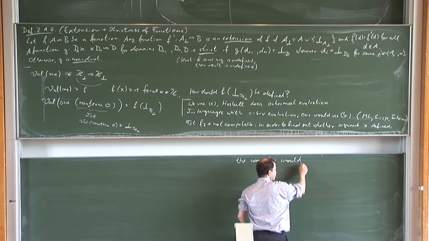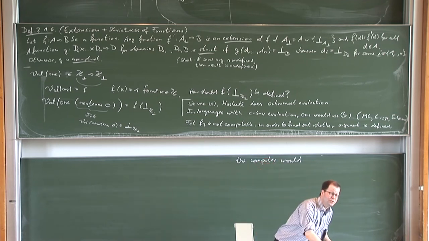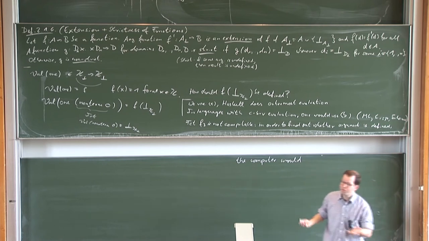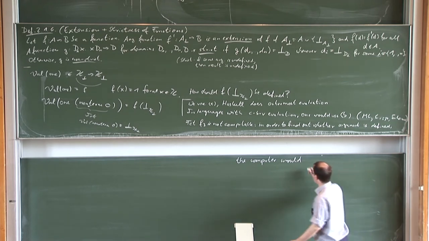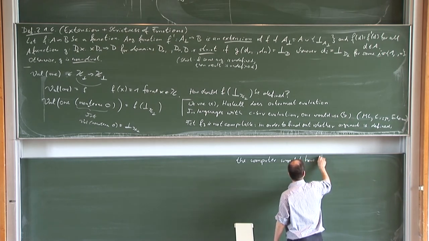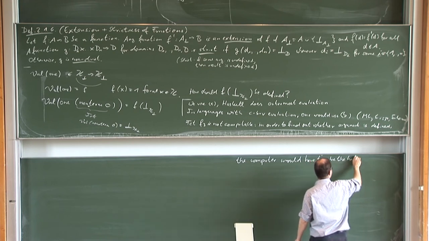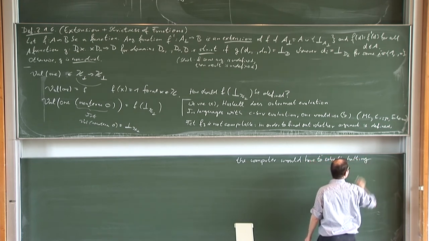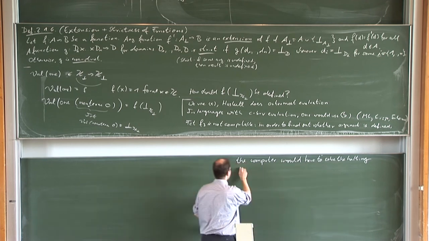So the halting problem is the problem, given an expression, you have to find out whether it terminates or not. And then after finding this out, you can do something else. And here you then return 0 or 1. The computer would have to solve the halting problem, and this is the most famous non-computable problem, solve the halting problem.